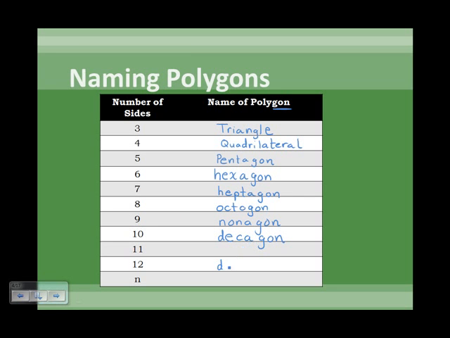Oh, this one is a dodecagon. And then when they have n, we just say an n-gon.